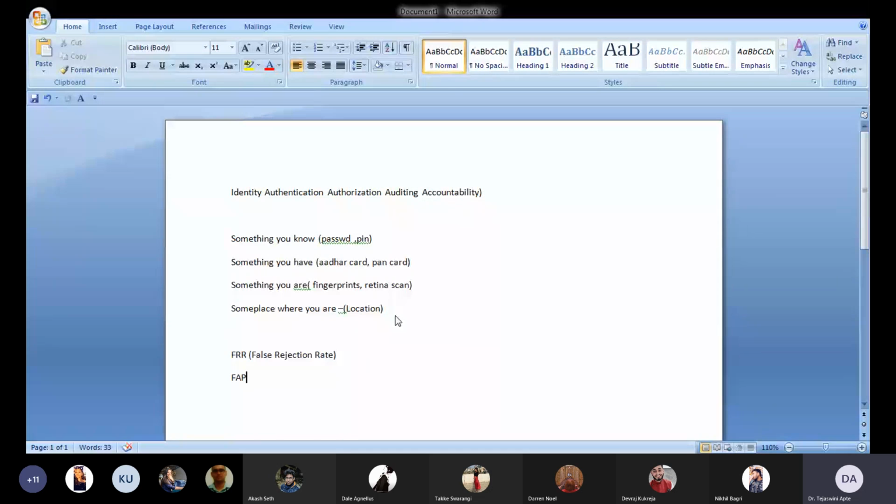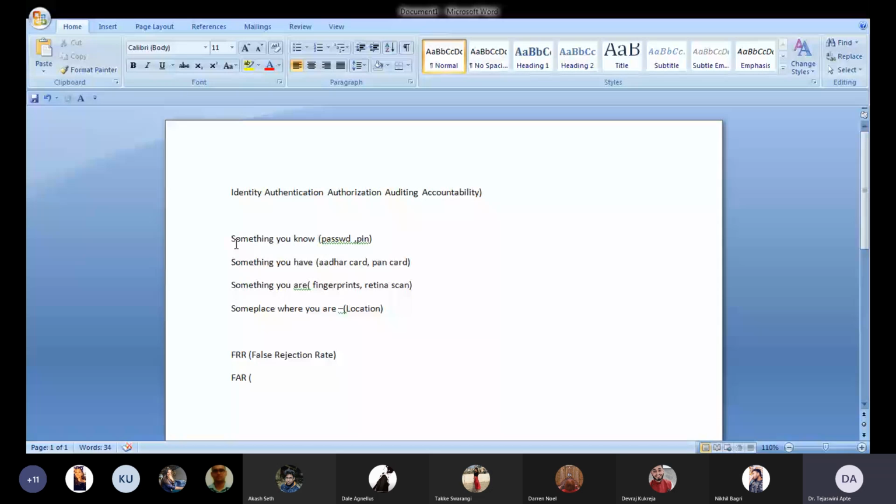You need to understand that these are the vulnerabilities which exist because either you are just using a single guideline, something you know or something you have, or your behavior is quite lenient, in that you are not targeting the false rejection rate or the false acceptance rate.